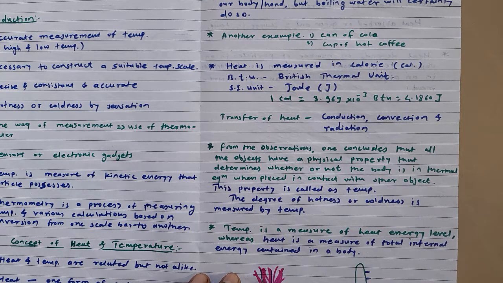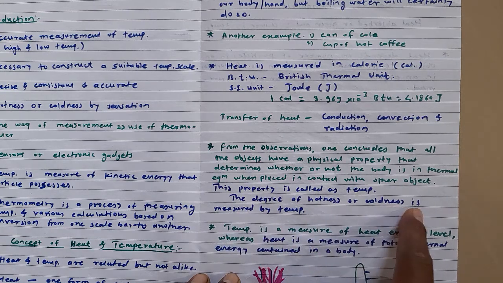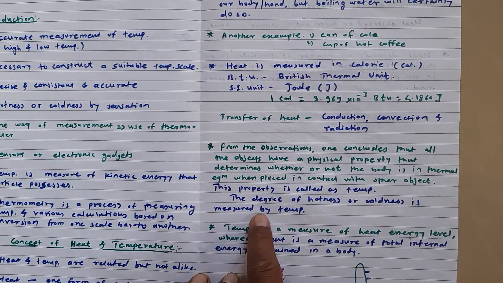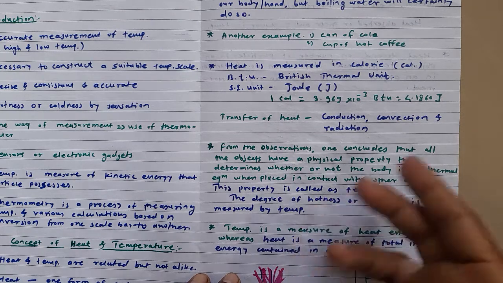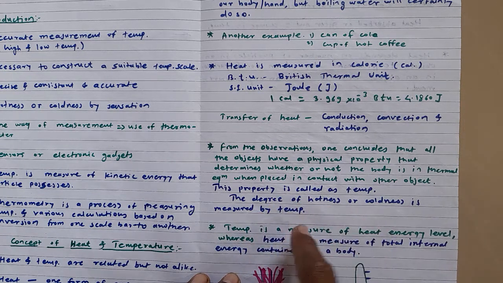What it gives us in principle is that the degree of hotness or coldness is measured by temperature. So the definition of temperature: the measure of the degree of hotness or coldness of an object is called temperature.